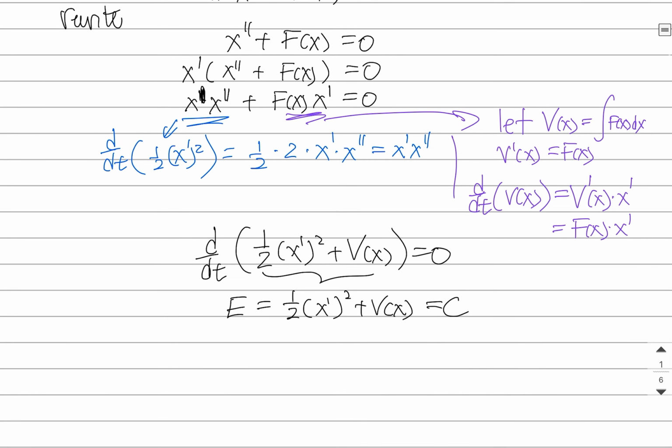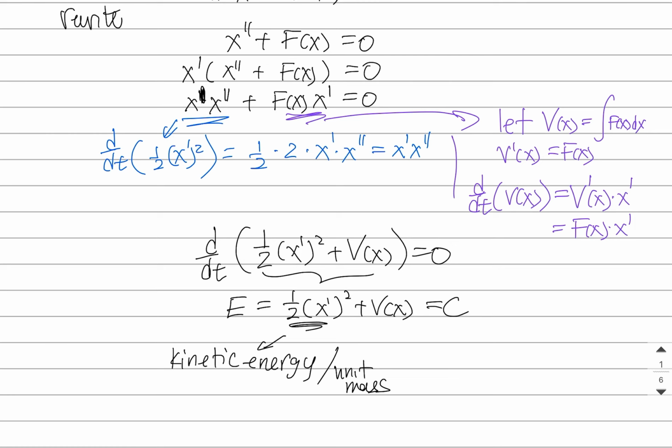Now, if you know a little bit of physics, you probably see what's going on immediately. This quantity right here is referring to some sort of kinetic energy. It's 1/2, and there's an m in there, so you can think of this as a kinetic energy per unit mass, like 1/2 v squared.